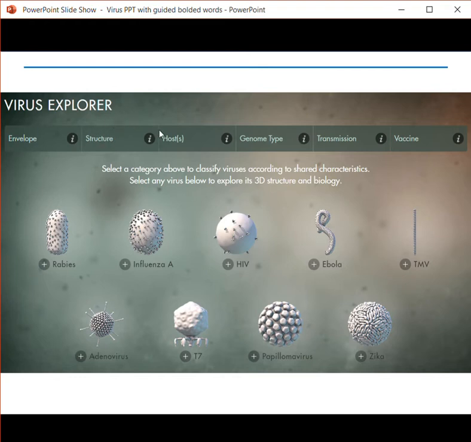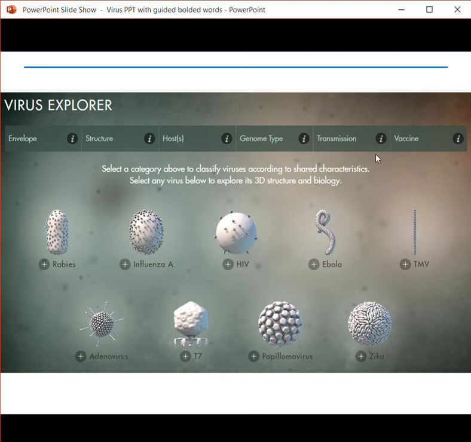Then the host: what kind of host cells can they infect? The genome type, transmission, and also whether or not they have a vaccine.